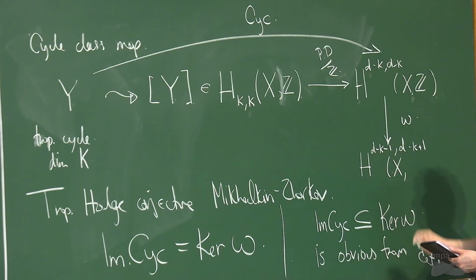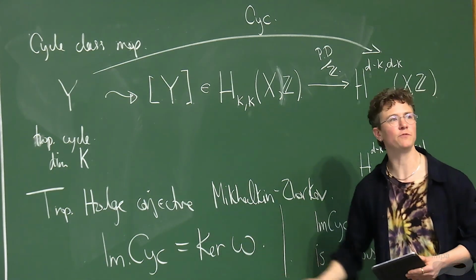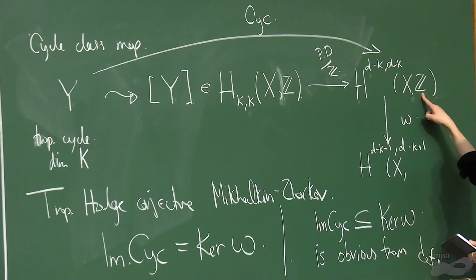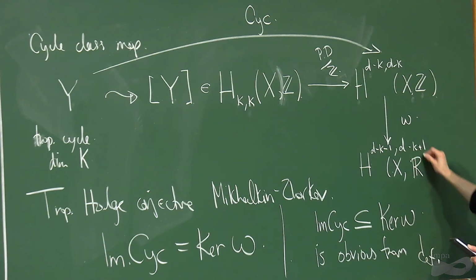But what's kind of wild, and what makes this conjecture difficult, is that this map doesn't preserve coefficients. However you define this map, you can only really ever guarantee that it's going to take values with real coefficients.